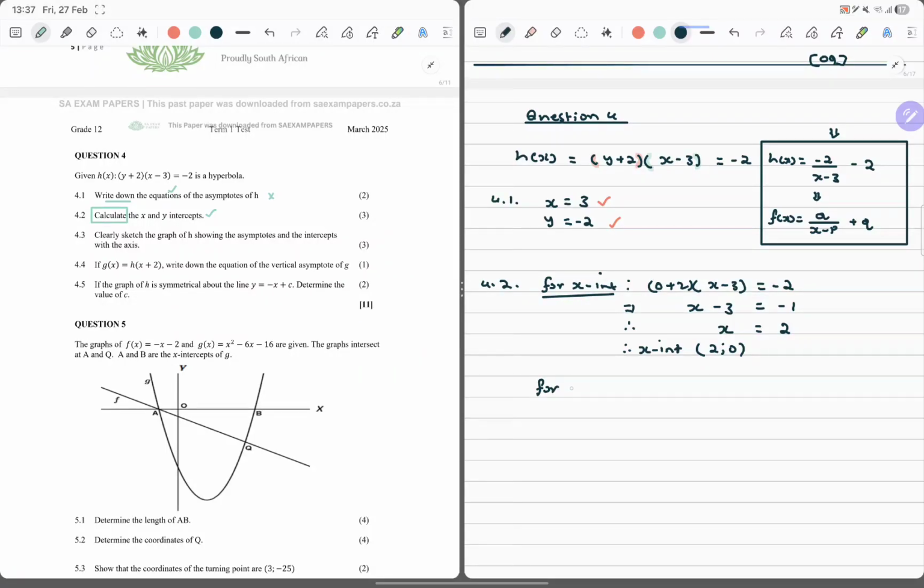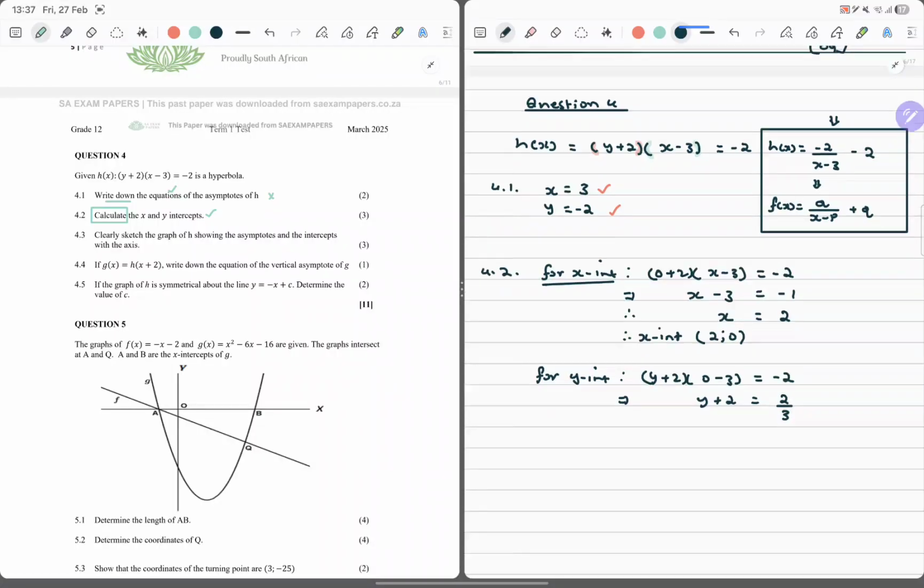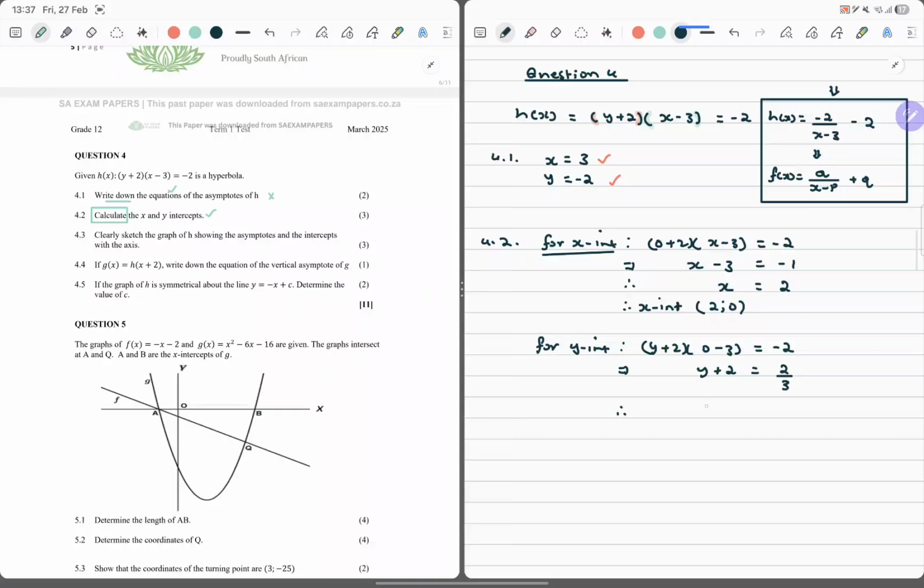Now we go on for y-intercept. It will be y plus 2 into 0 minus 3 equals minus 2. I mean, you can choose whichever you wish to use here. So we will understand that essentially y plus 2 is going to be equal to 2 over 3. And then what do we have here?